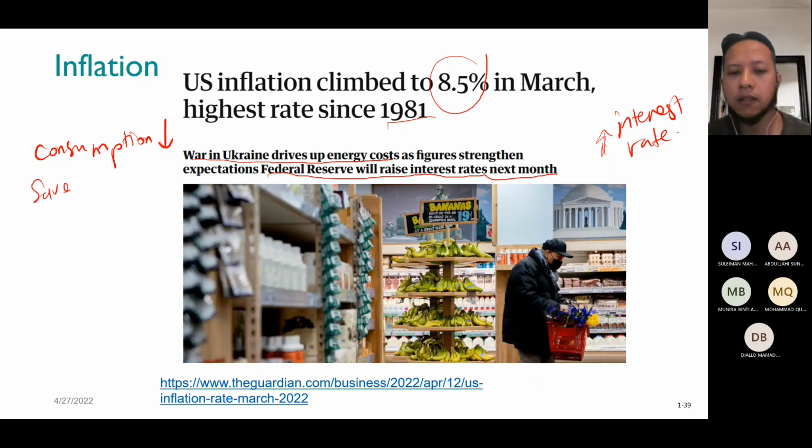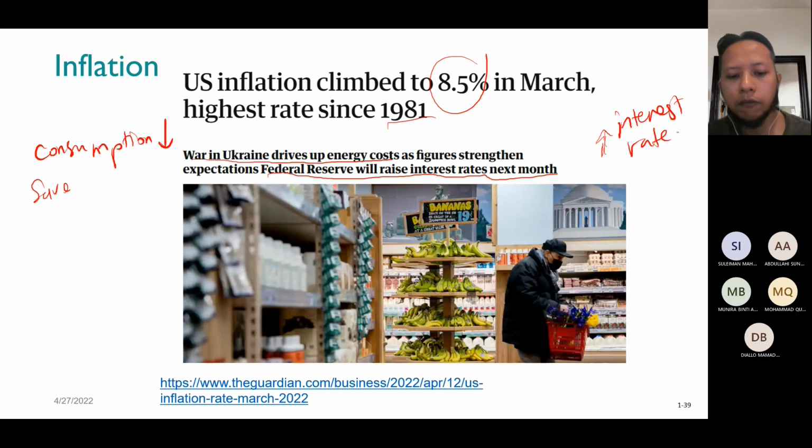But when interest rate increases, consumption reduces and savings increase, including savings from businesses. Businesses will also take money out of the market and put it in their banks to get higher interest. When this happens, hopefully inflation will reduce.